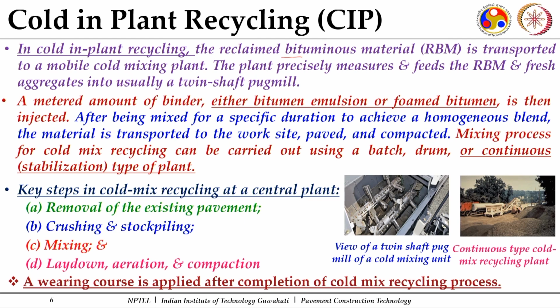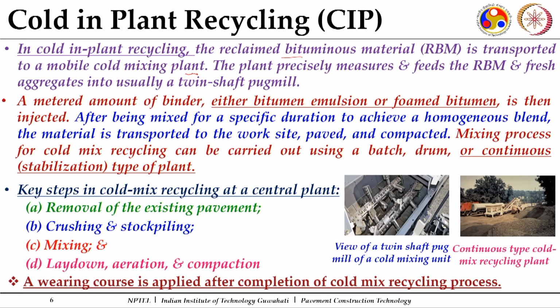Either you do not have a facility for in place recycling, or the amount of bituminous bound materials produced is large and of good quality, and they are stockpiled at a mixing plant. Then this cold in plant recycling attempts the recycling using specifically either foamed bitumen or emulsified bitumen as a recycling agent.